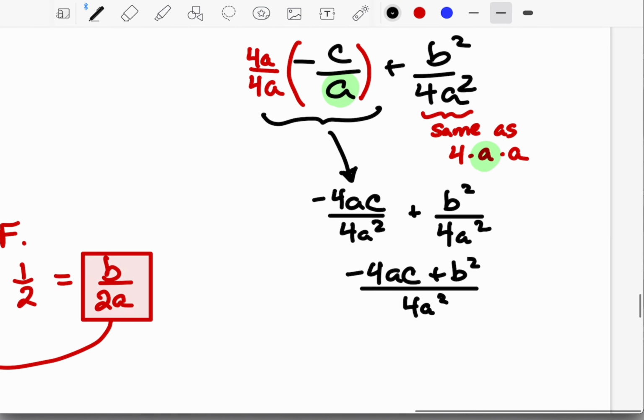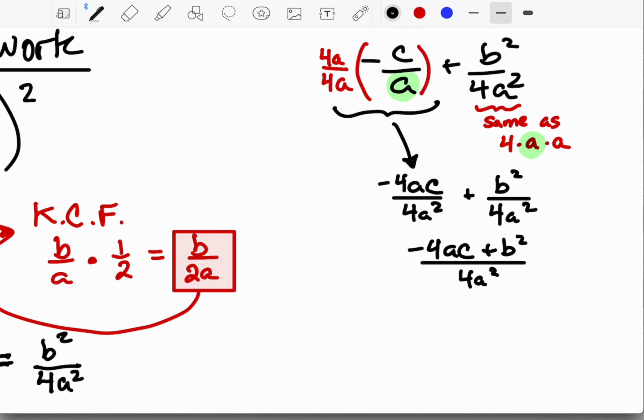But by the commutative property, I can swap these two terms and make it b squared minus 4ac. It's just a general rule of thumb that you typically want to have any negative values go after positive values.